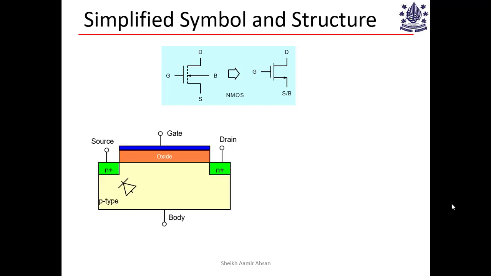Now, this is the typical structure of your NMOSFET. You have the gate, oxide, the bulk, P-type, and the source and the drain. I mentioned in the last lecture that the source and the drain for an NMOSFET are heavily doped. The reason is that we want them to have very little voltage drop.